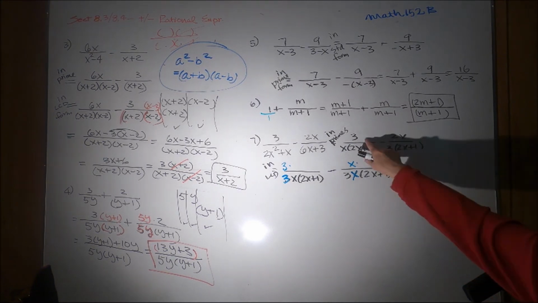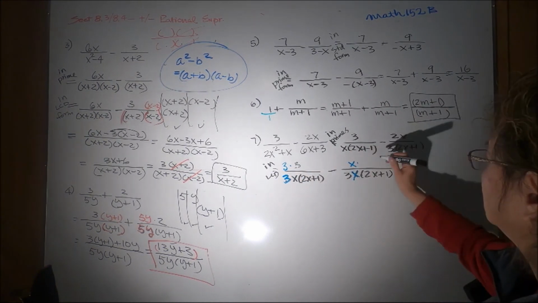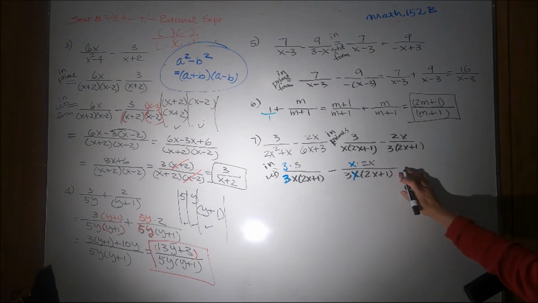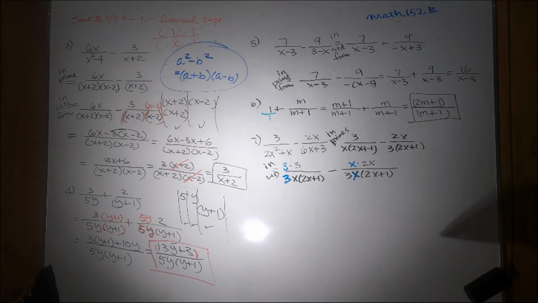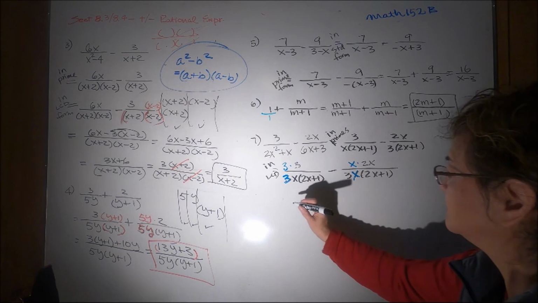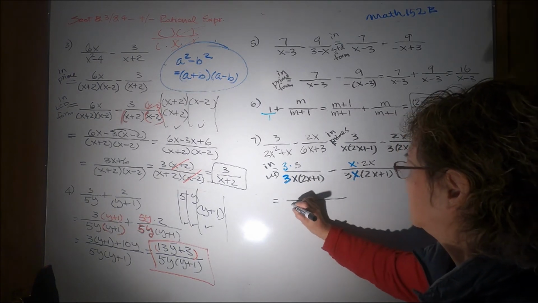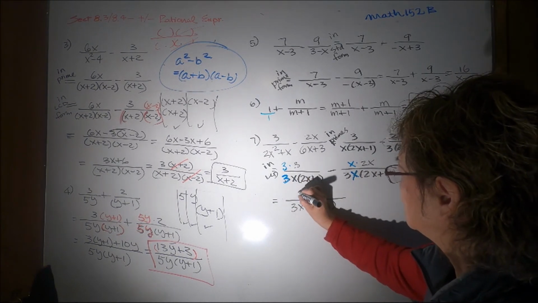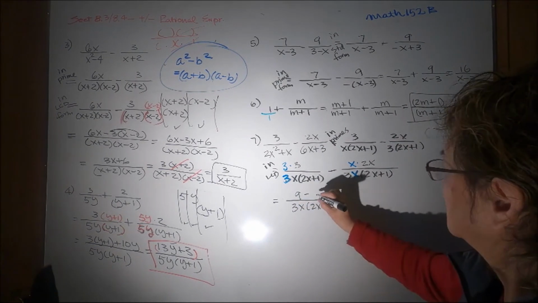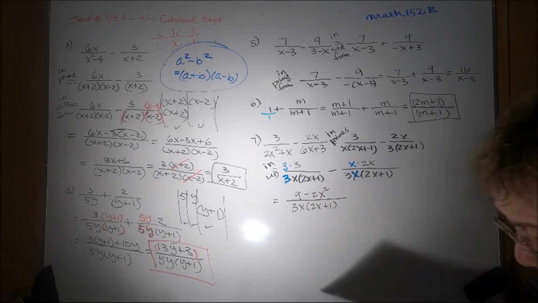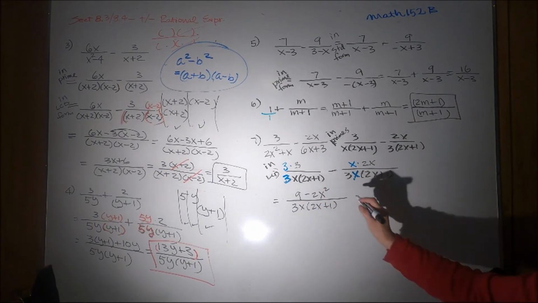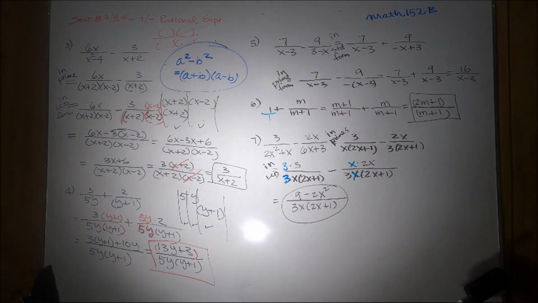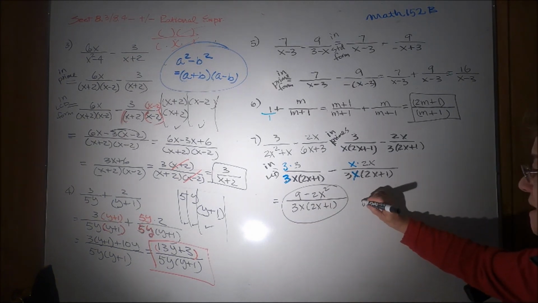So it was 3 here, it was 2x here, right? Then what's the next step? Combine the numerators. So that would be 9 minus what? 2x squared. Okay? You can just leave the answer as such because that's the final answer.